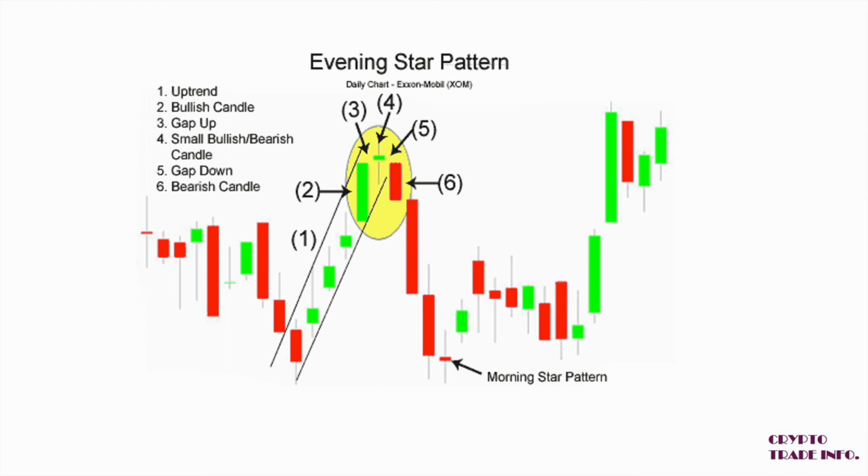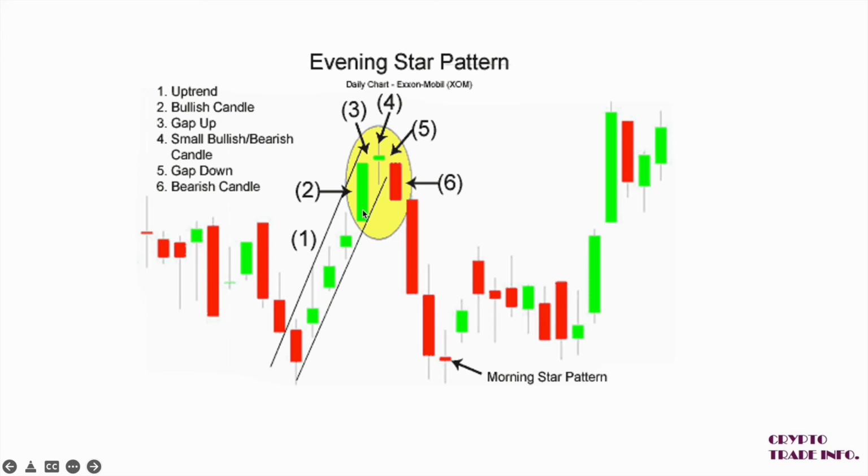Now look at more illustrations of how this candlestick pattern plays out in a chart. Number one, uptrend. You can see there is an uptrend in the chart before this evening star is spotted.